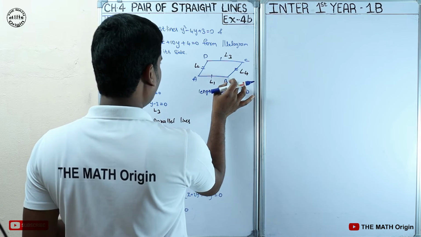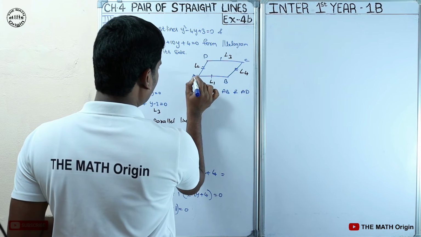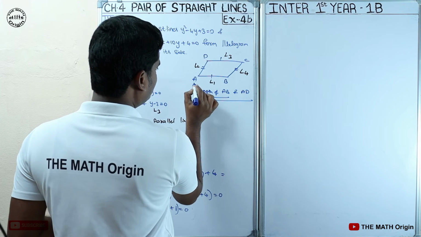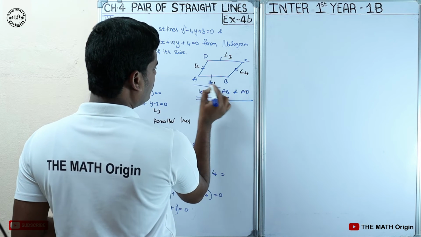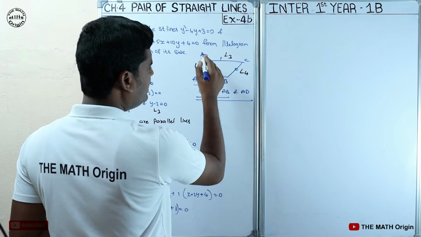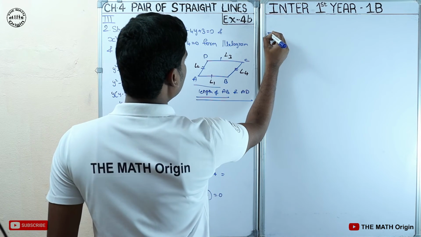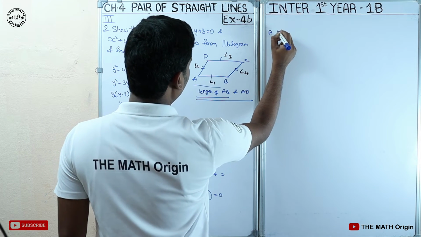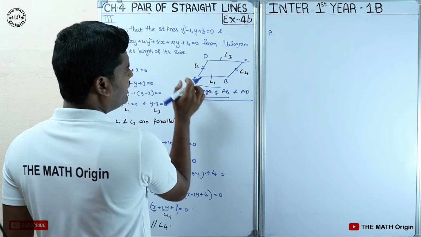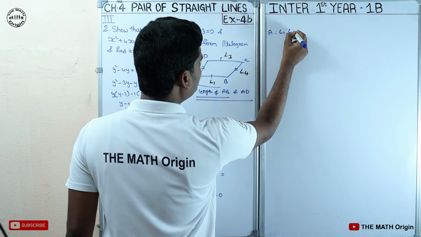From these 4 lines, we need to find the length of AB and the length of AD. Length of AB means we want two coordinates, and length of AD means we want A and D. So let's find out A, B, D coordinates. To get A coordinates, we need to resolve L1 and L2.